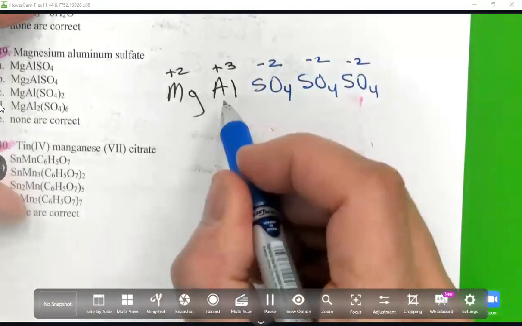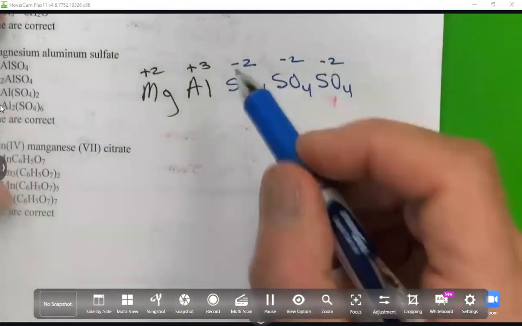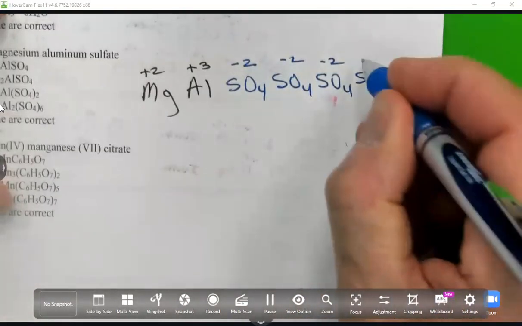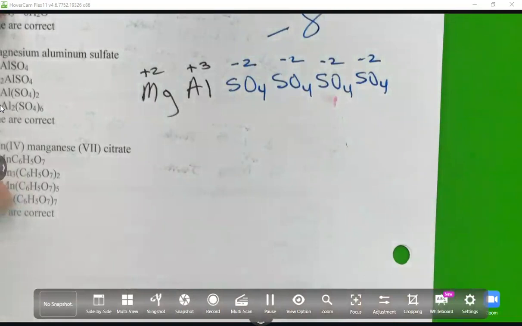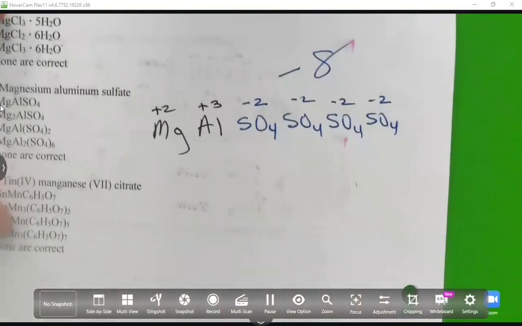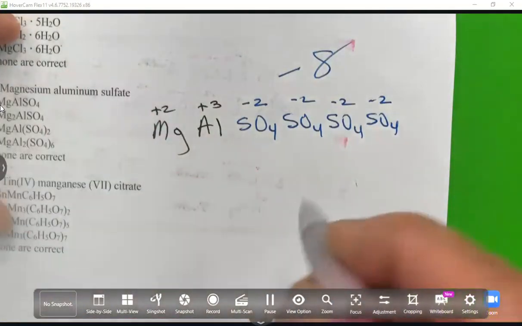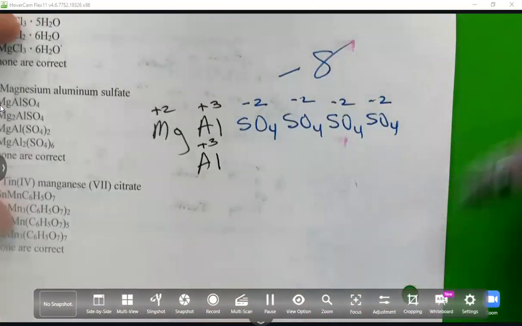Now I'm looking to add magnesiums or aluminum, whatever's going to work. So I can't get a +6. Let's put another sulfate in there. That gives me -8. Can I get a positive 8? Sure, if I have another aluminum, right?